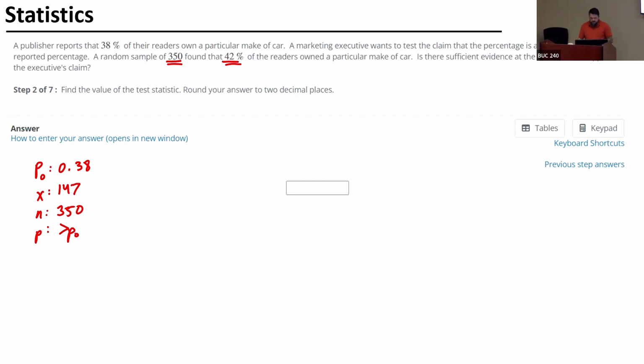Very good. And you should have got 1.54. Notice you're rounding to 2 decimal places. So there is your test statistic, 1.54.